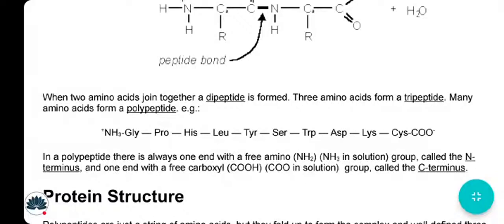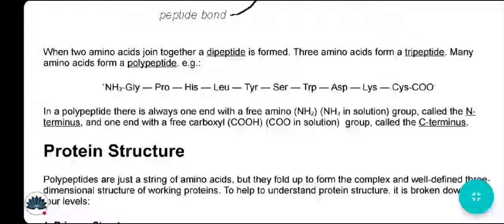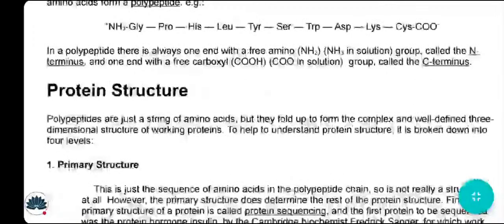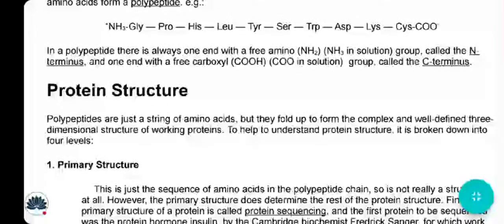Poly means more, so a polypeptide has many peptide bonds. In a polypeptide, one end has a free amine group, NH2, or NH3 in solution, called the N terminus. That's not important for you.